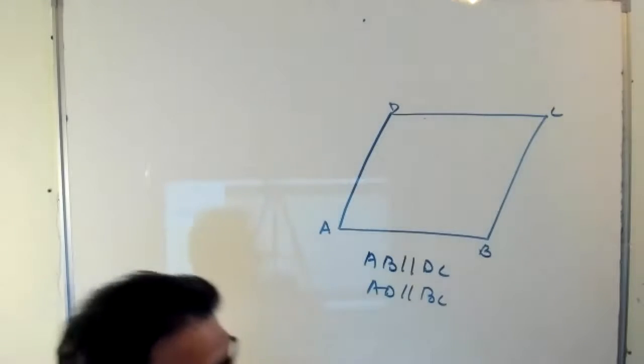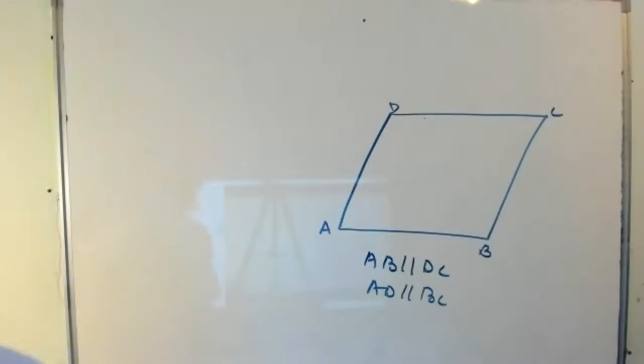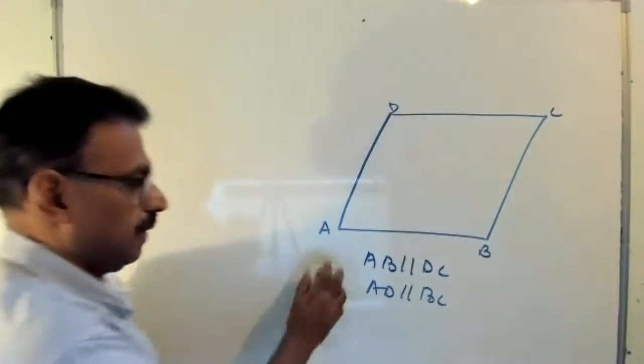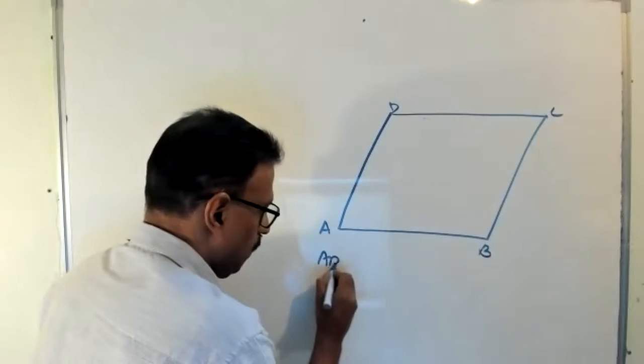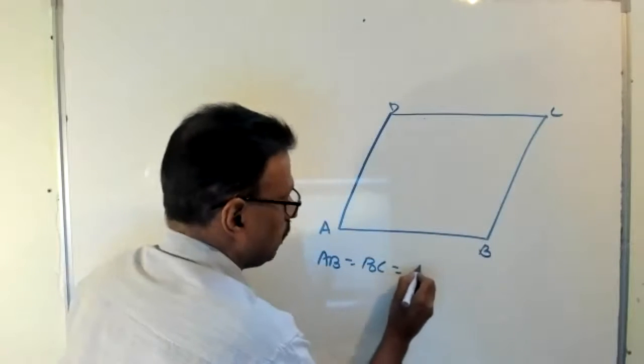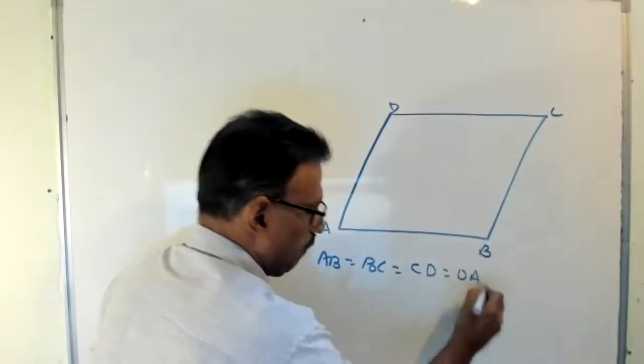Okay, draw another figure and write AB equal to BC equal to CD equal to DA.